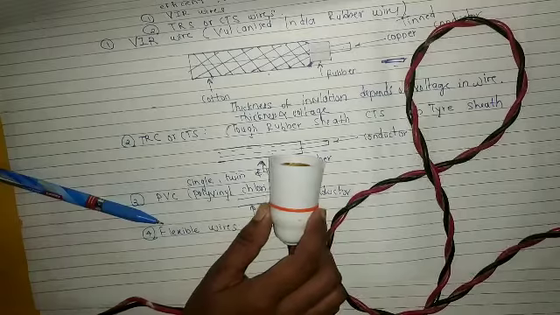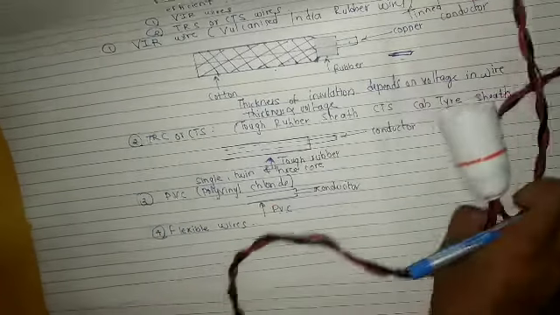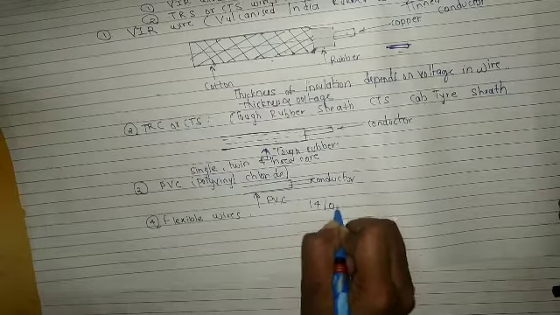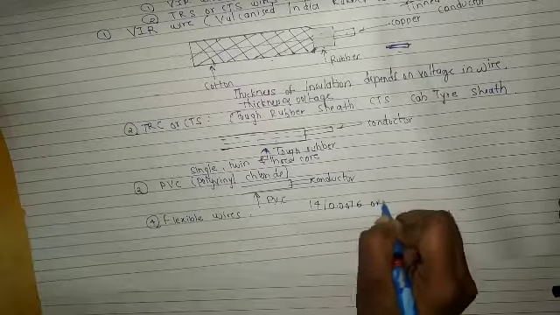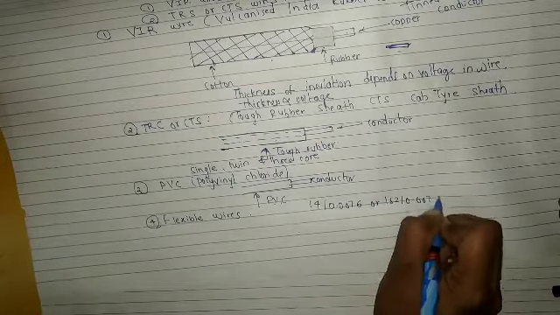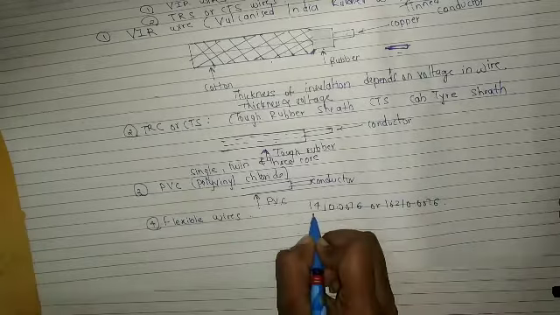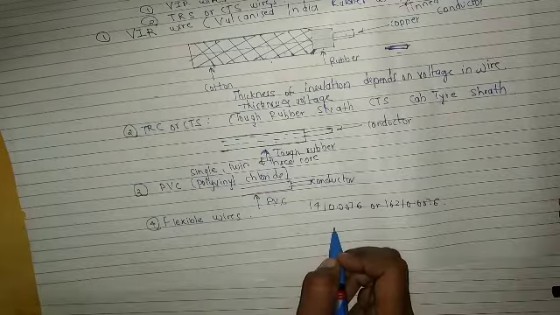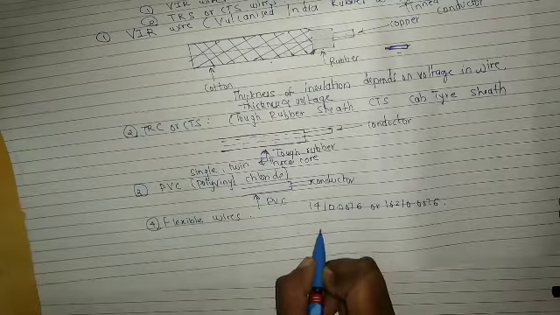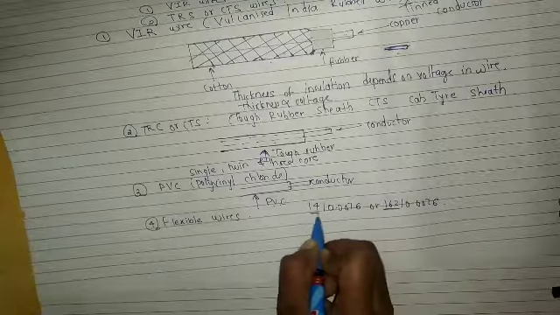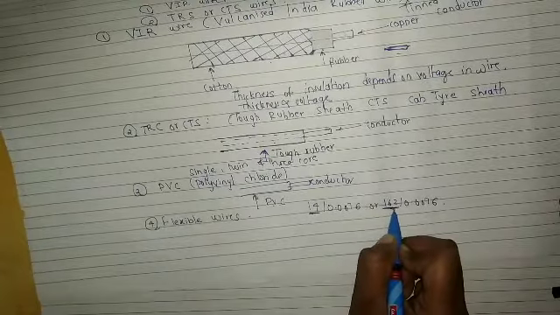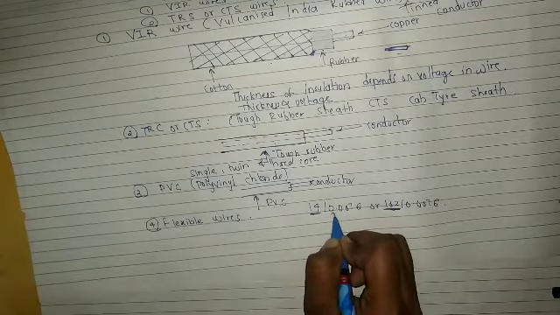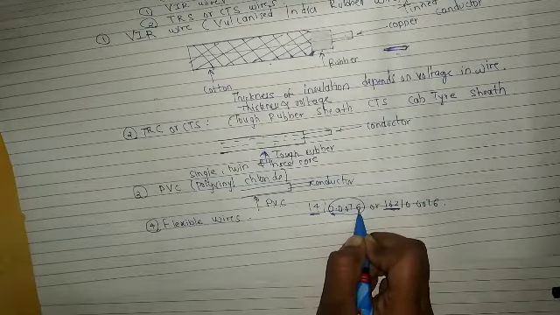The flexible wire designation, we saw in our last lecture what this indicates. There are 14 or 162 strands of copper wire, each having a diameter of 0.0076.